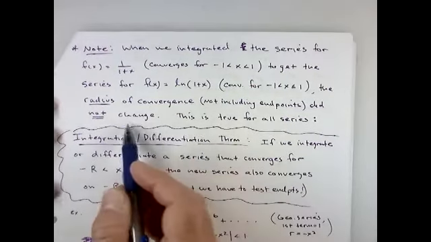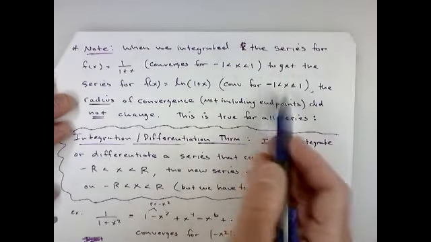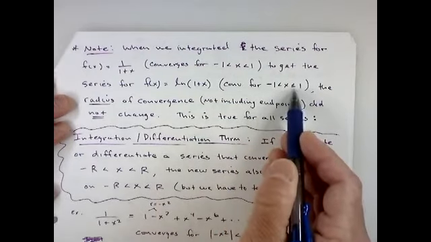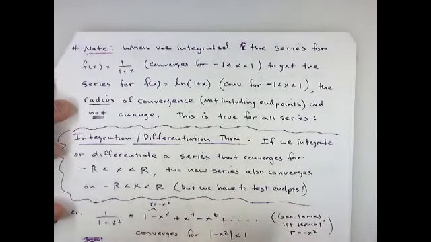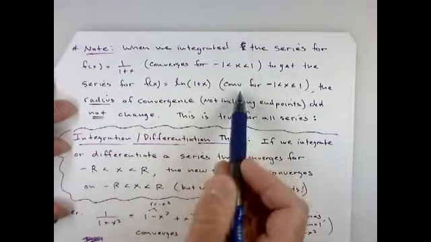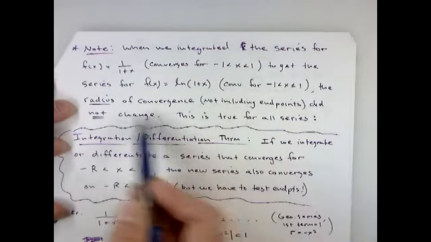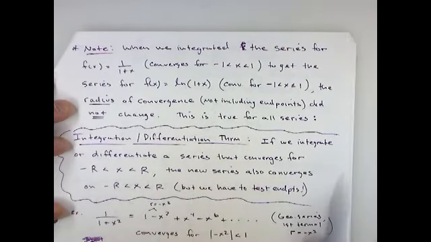And notice it didn't change, right? It still converges between -1 and 1, not including. Now, this one happens to also converge at 1, but definitely between -1 and 1. And so what happened when we started with this series and integrated, notice the radius of convergence, not including the endpoints, did not change. And this is true for all series.